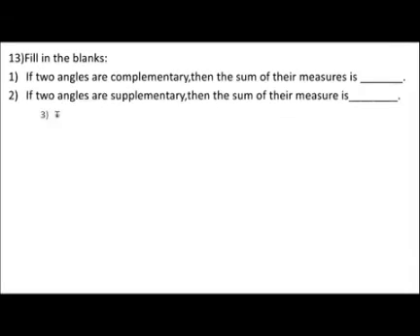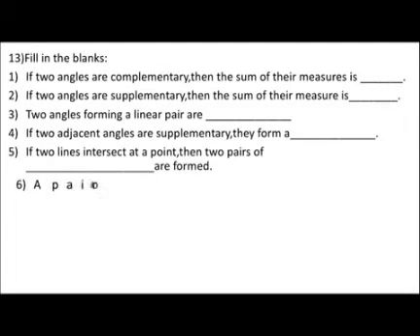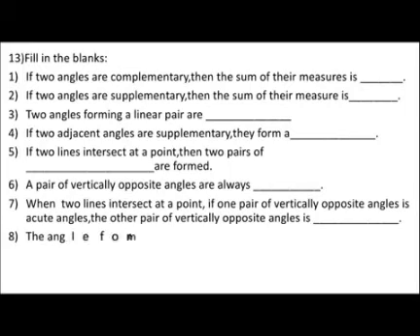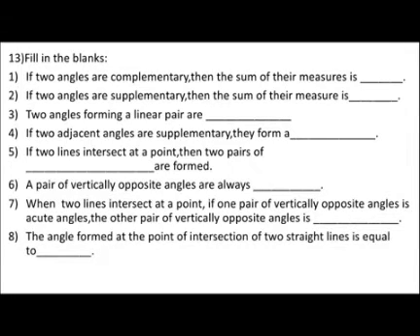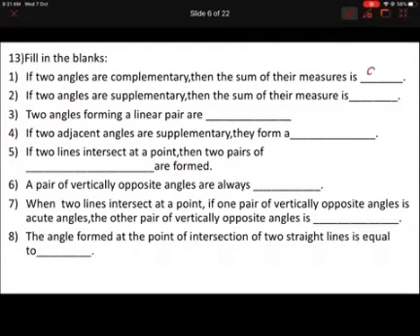The next main is fill in the blanks in all these cases. Let's see what the blanks are. Read quickly and try to answer, children. If 2 angles are complementary, their sum is 90 degrees. Clear?